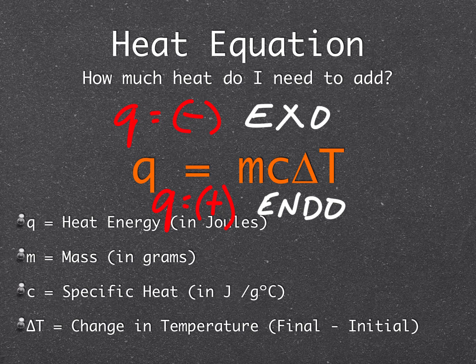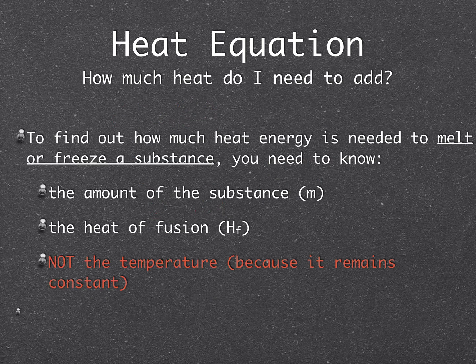Remember from the previous lesson on heating and cooling curves, changing temperature only occurs during a solid, liquid, or gas phase. However, if we're going through a phase change like melting or freezing, which is at the same point, temperature is not involved because there is no temperature change to melt. At that time, you only need the mass of the substance and a different value called the heat of fusion.